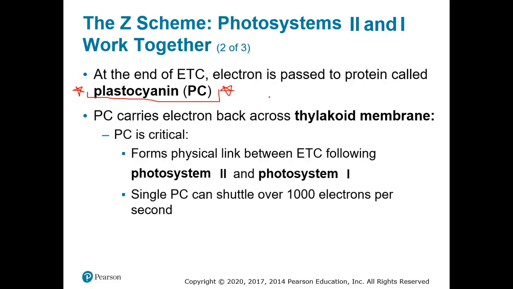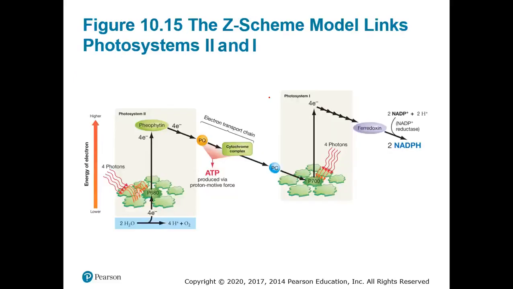But with this Z-scheme, we can take that empty electron at the end of the electron transport chain, and plastocyanin can shuttle it over to photosystem 1, and that is how we will replenish that electron. Okay, it is critical. It is the link. It is the connection.